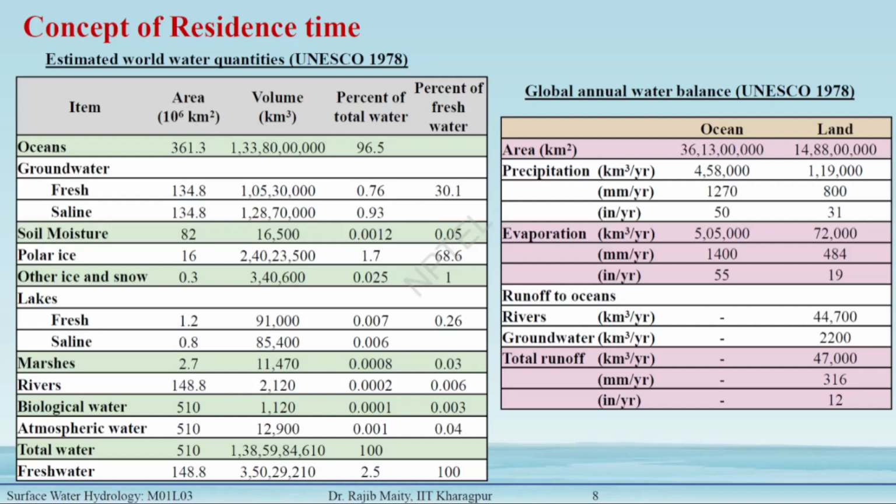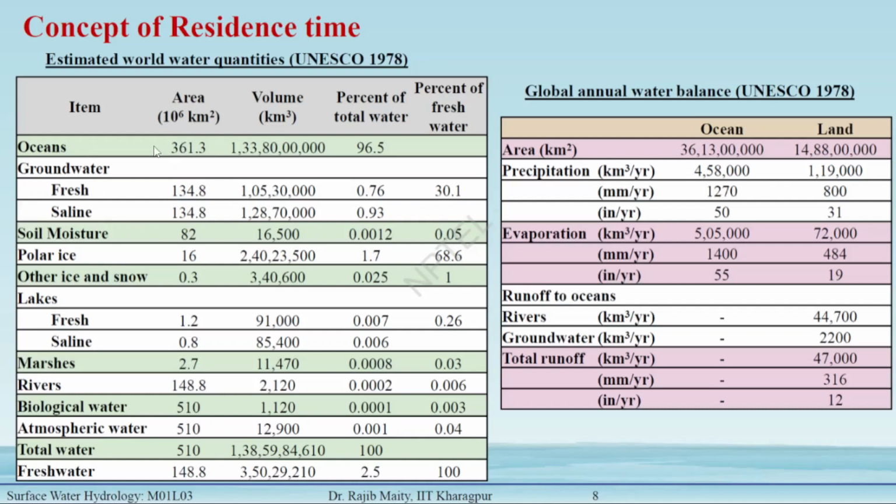This is the table which provides the estimated world water quantities. It was introduced by UNESCO in 1978. On the left side of the table we have items such as ocean, groundwater, soil moisture, polar ice, and likewise.